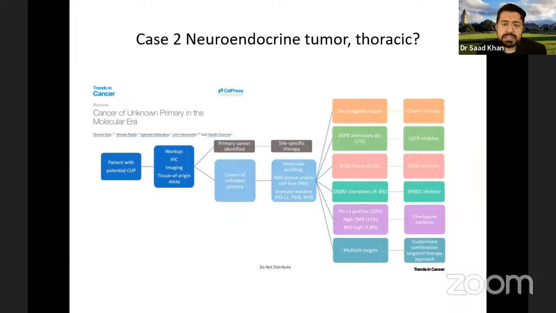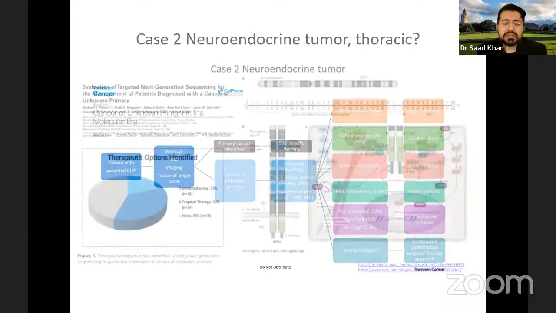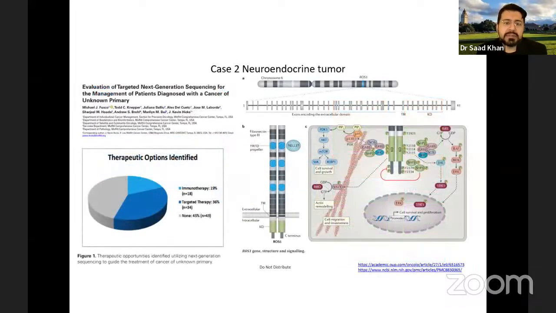So we can proceed to the next slide and show what impact next generation sequencing has on patients with carcinoma of unknown primary at a large cancer center, in this case on the left. This is the experience of Moffitt Cancer Center in Florida, where they looked at roughly 50 patients that had molecular profiling performed.